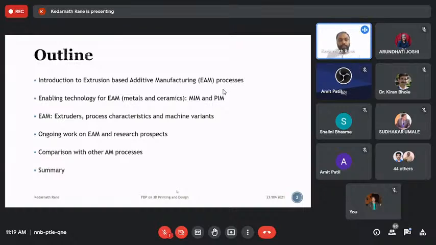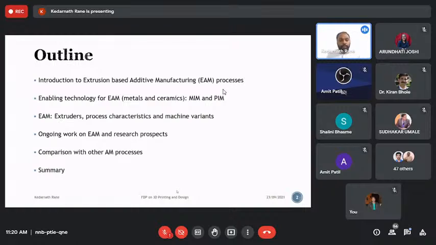In the latter part of the presentation, I will talk about my work related to extrusion-based additive manufacturing and current ongoing work related to this technology, because additive manufacturing is still evolving and there is a lot to do and it is happening very quickly, right? So we can see if there is any opportunity for you all engineers and professors to work in this domain.